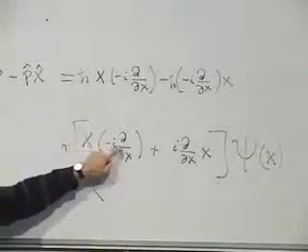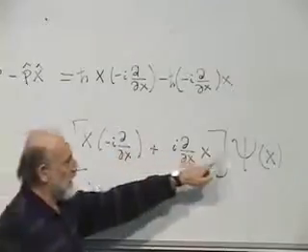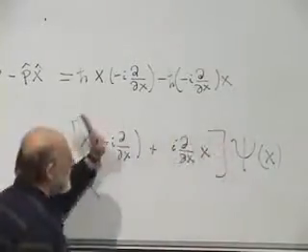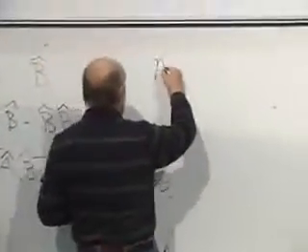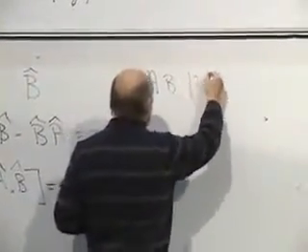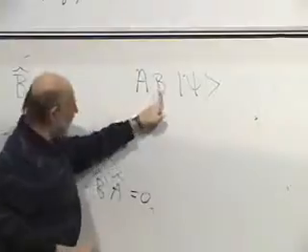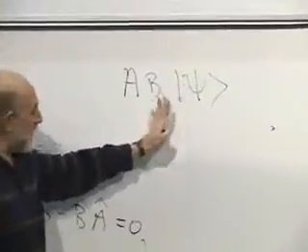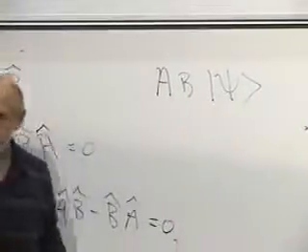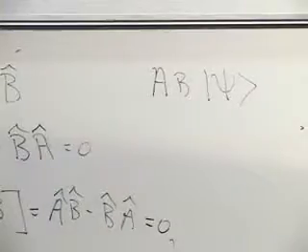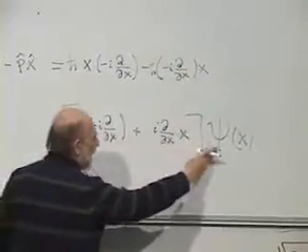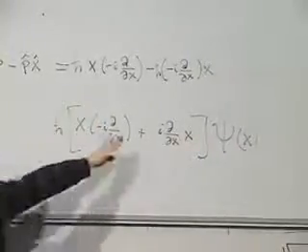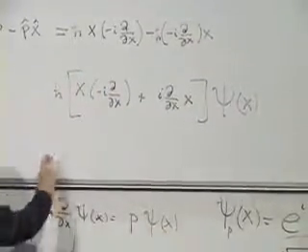So h bar times the whole thing: x times minus i d by dx times psi of x. Remember, when you multiply operators A, B and apply them to vectors, you first apply B, and then you take what you get and you apply A to it. So here, we first apply minus i d by dx to psi. Let's take these two terms and work them out separately.